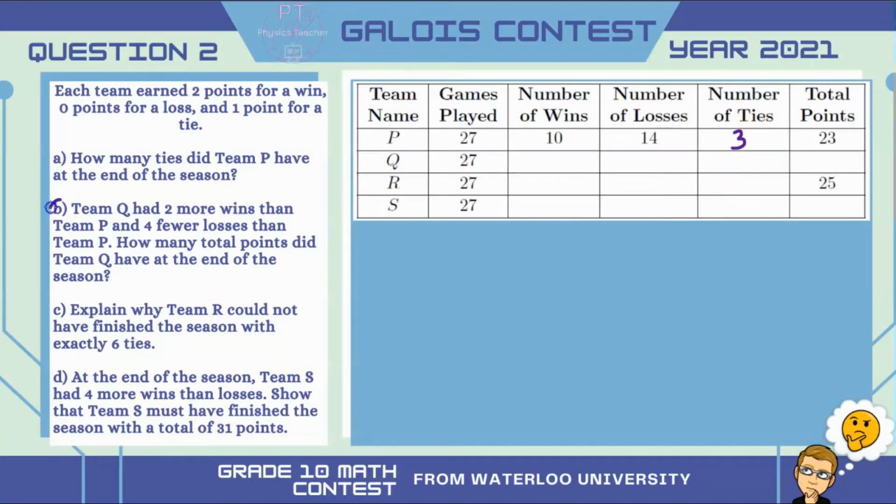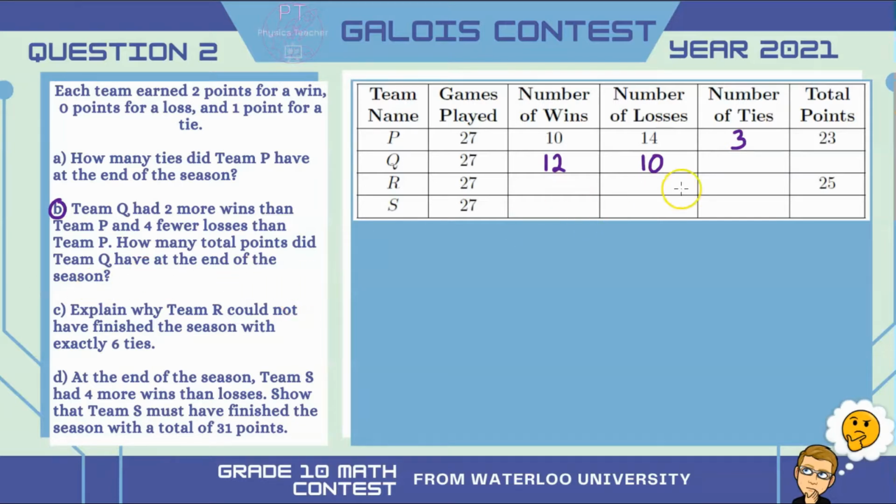Alright, so now let's look at part B. Part B says Team Q had 2 more wins than P. Well, if P had 10 wins, then that would mean Q would have 12 wins, and 4 fewer losses. Well, 14 minus 4 is 10. How many total points did Team Q have at the end of the season?